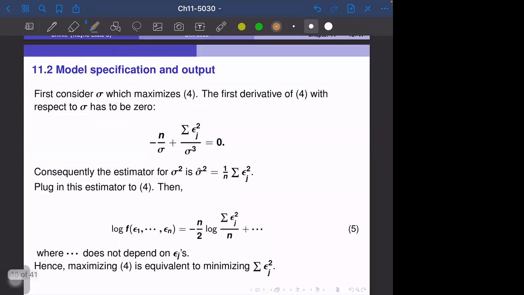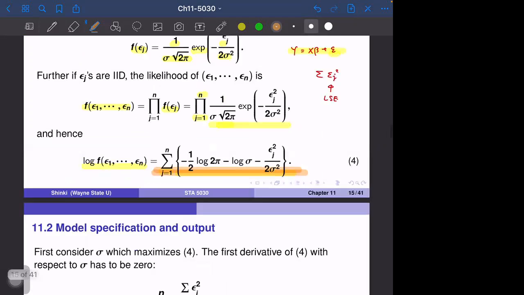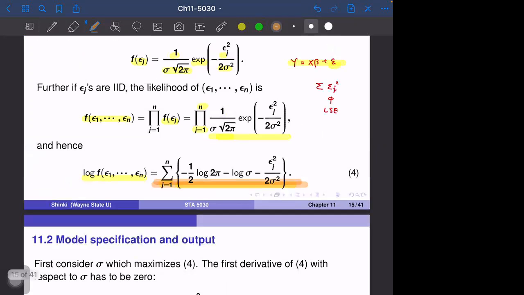Okay, so in the previous figure, the expression of the log likelihood function is here. We want to maximize this with respect to sigma first. The sigma is a kind of nuisance parameter.